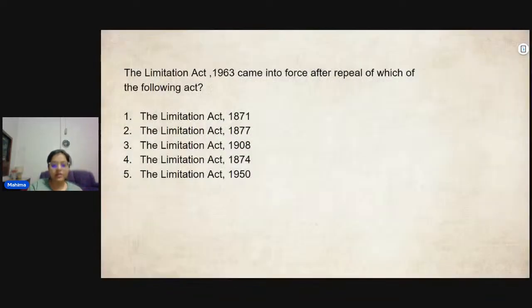Yes. The Limitation Act came into force after repeal of which of the following acts? Limitation Act of 1871, of 1877, of 1908, of 1874, or of 1950.